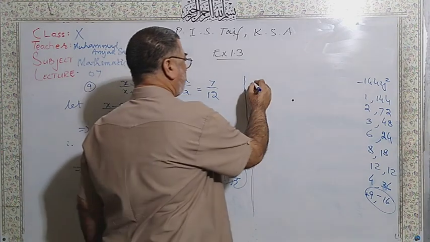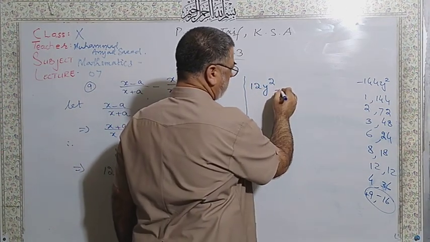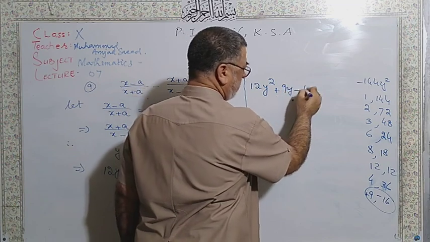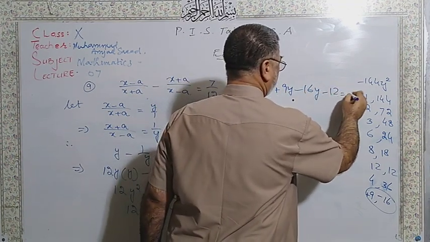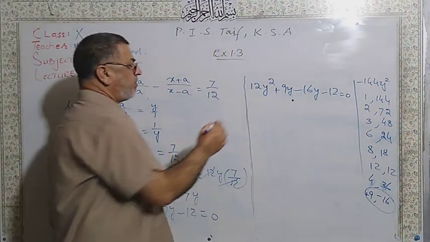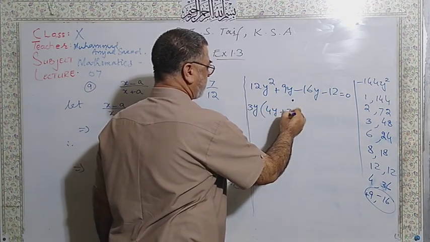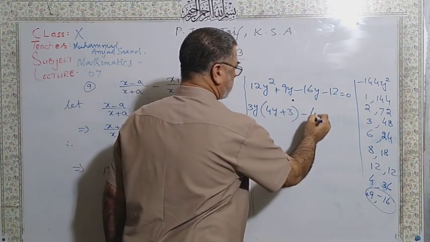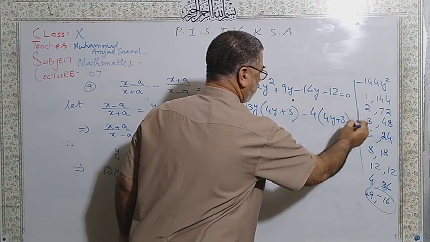So here you can write down 12y square plus 9y minus 16y minus 12 is equal to 0. Here you can take 3y common, 4y plus 3, minus 4 common, 4y plus 3, that is equal to 0.